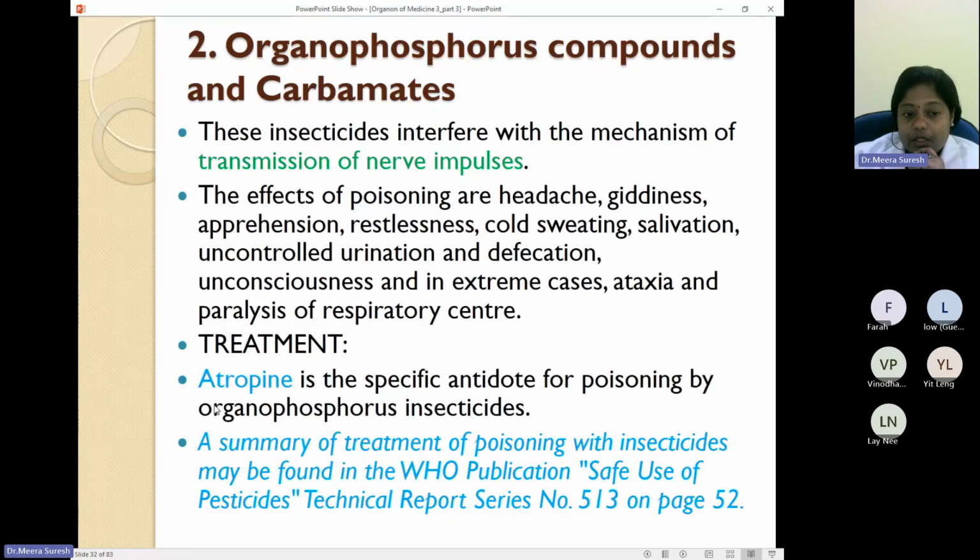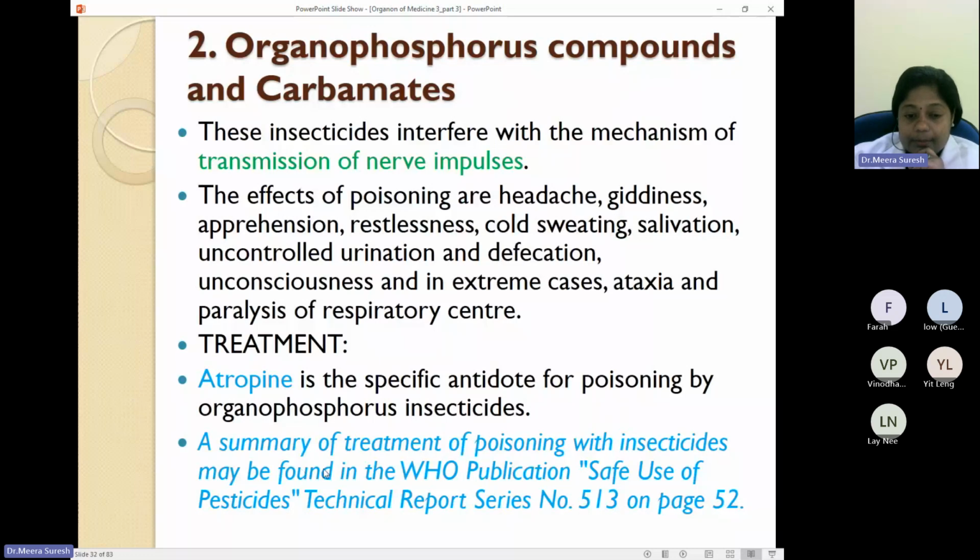The treatment will be the use of atropine. So in case of organochlorine, it was a barbiturate, especially phenobarbital. And if it is organophosphorus, the antidote will be atropine.